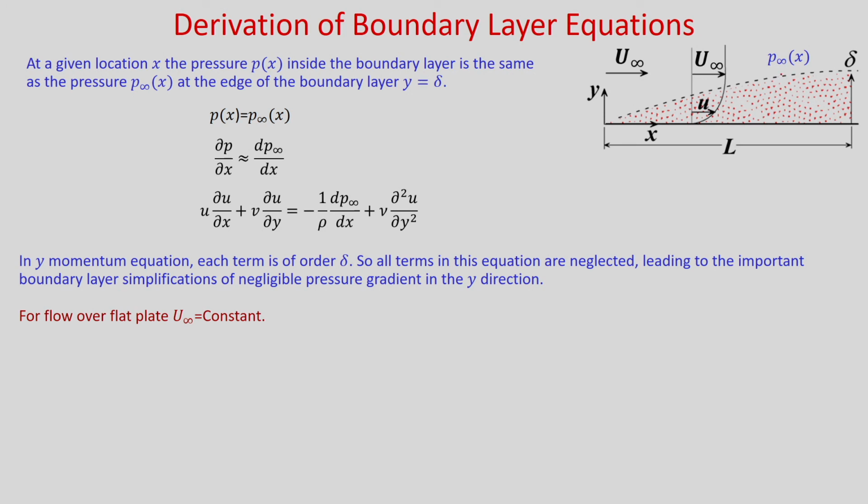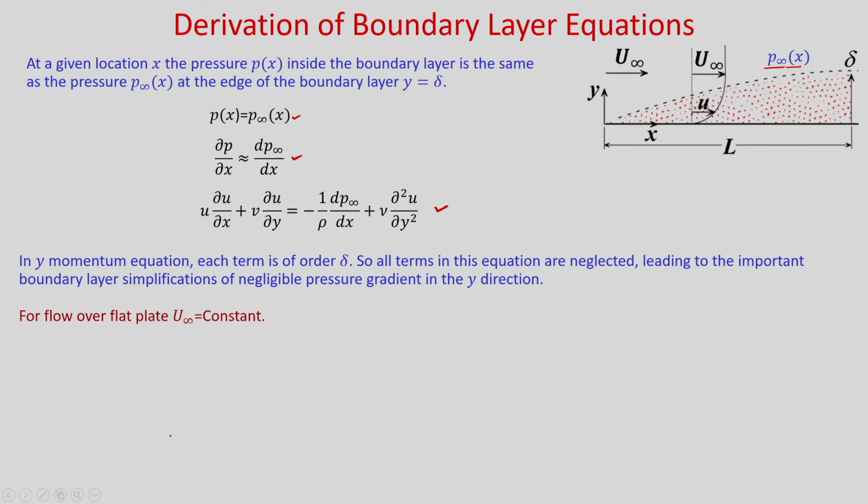Outside the velocity boundary layer, if you have a pressure P infinity which is a function of x, then P(x) will be equal to P infinity(x), and del P by del x will be of order dP infinity by dx. In the u momentum equation it will become u del u by del x plus v del u by del y is equal to minus 1 by rho dP infinity by dx plus nu del 2u by del y square. So, this is the boundary layer equation.